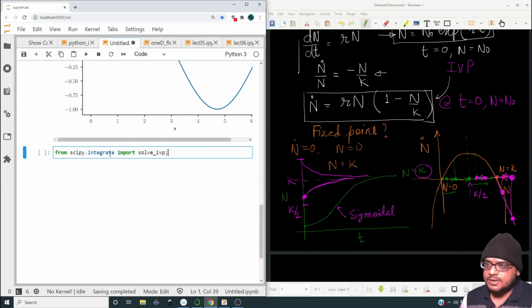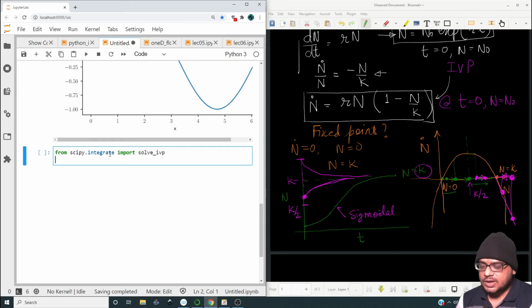Okay, so we'll need this, and that's pretty much it. Now we can go ahead and use the function to solve. I'll talk slightly more about the function once we're done with this.